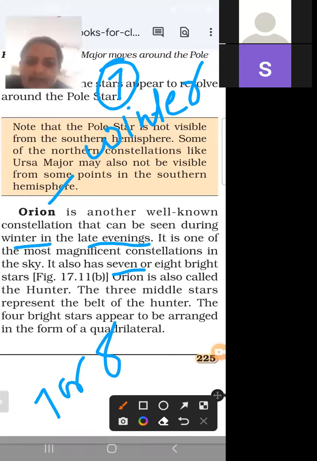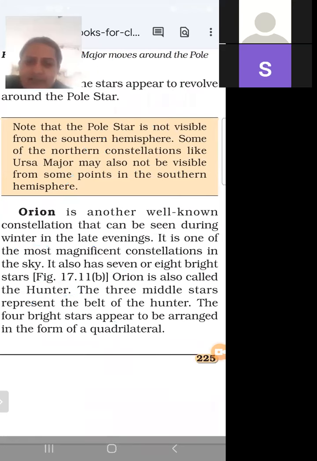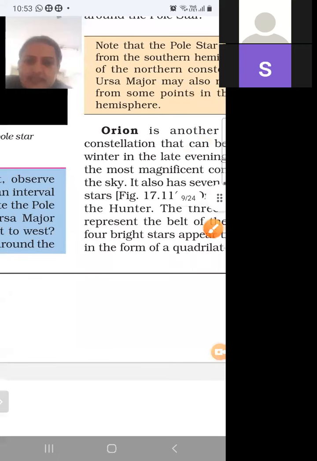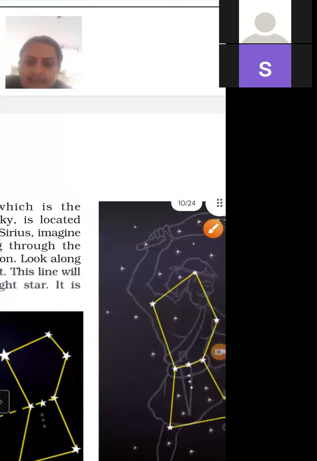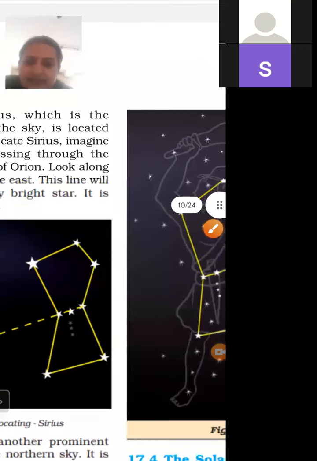What is the other name of Orion? Hunter. And the 3 middle stars represent the belt of the hunter. Orion can be seen in the winter. I'm showing the Orion.